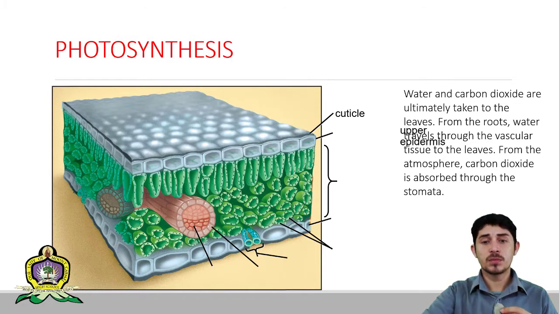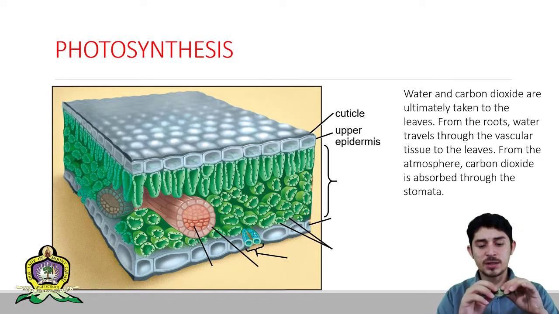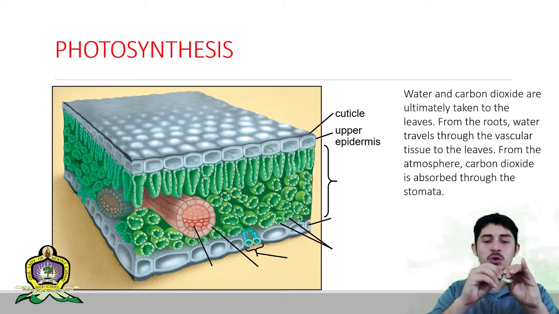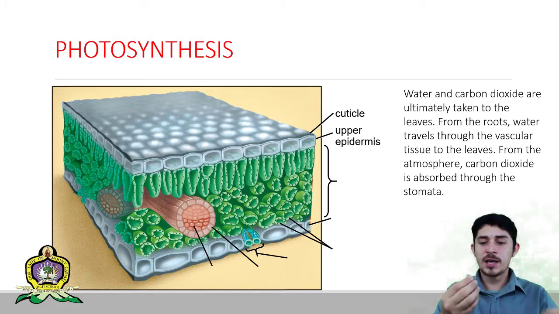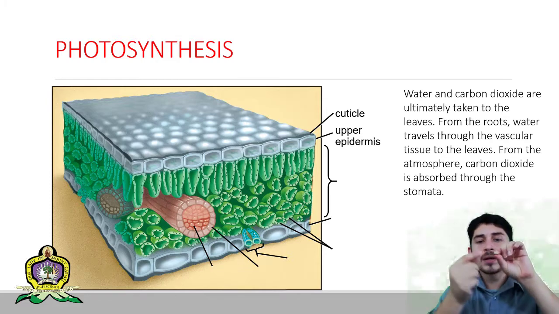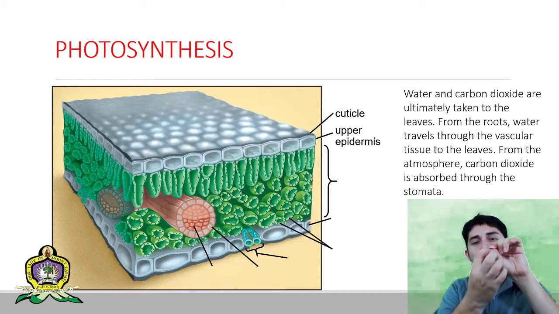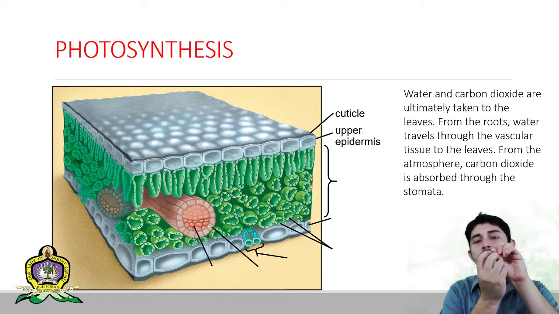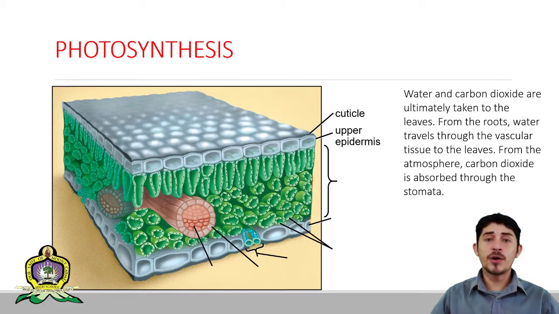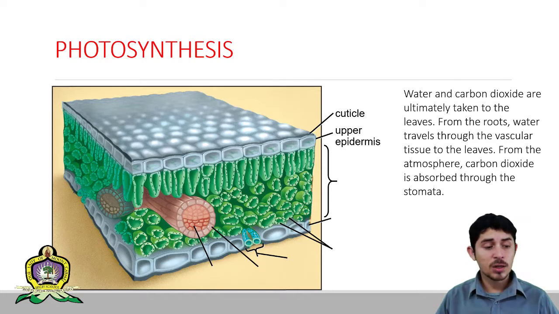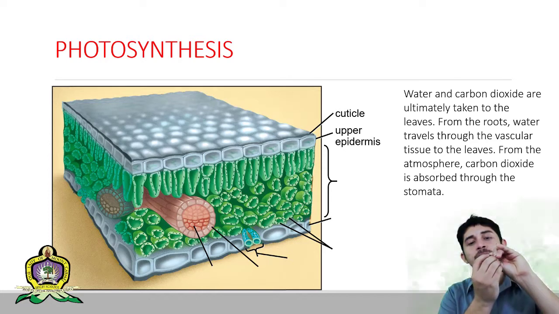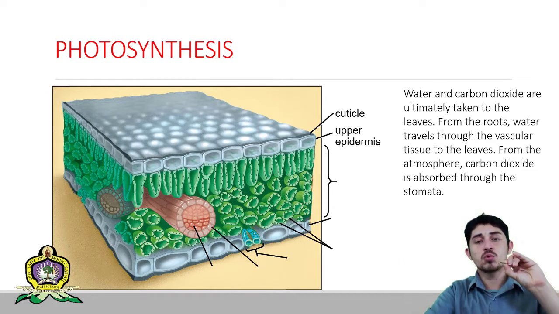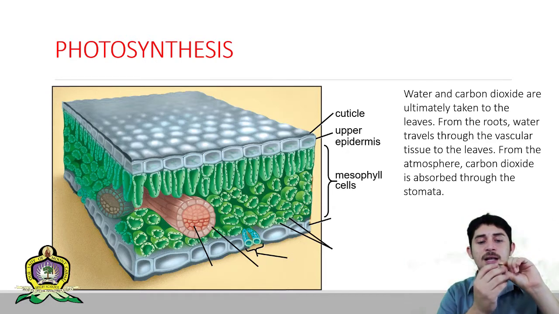Also, there is a layer of cells. Now, if we could zoom in into the leaf in this way, you should be able to see that at the top there is an upper epidermis, which is a layer of cells which is constantly replenishing the cuticle, meaning it maintains the cuticle. Also, below the upper epidermis, we would have the mesophyll cells.